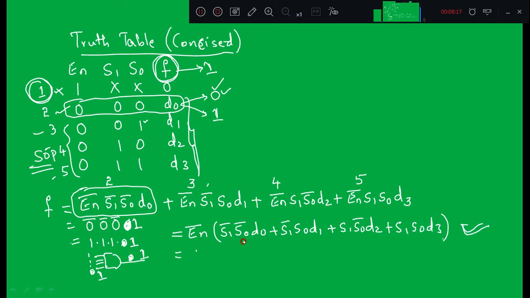What happens? 1 bar, you write this as it is. 1 bar is nothing but 0, and 0 into anything is equal to 0. So F is equal to 0 for the first row when enable is equal to 1.